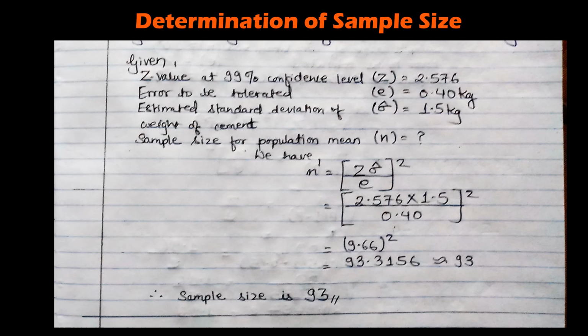We have this formula for finding out the sample size for population mean, and here we obtain the answer 93.3156, and when we round it off we get the answer as 93. So we can say that the sample size is 93.